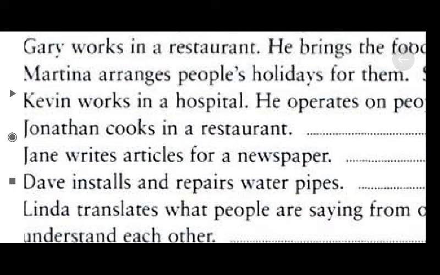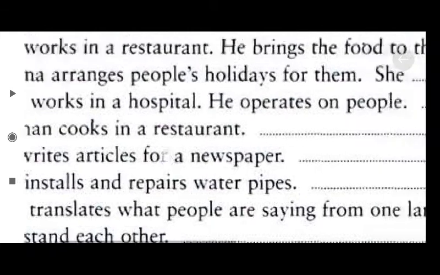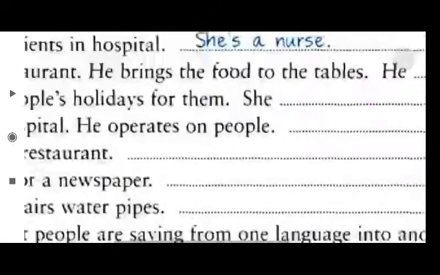Jane writes articles for a newspaper. She's a journalist. Dave installs and repairs water pipes. He's a plumber. Linda translates what people are saying from one language into another. She's an interpreter.